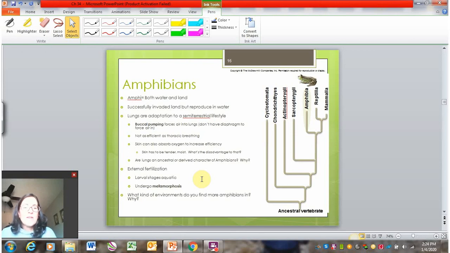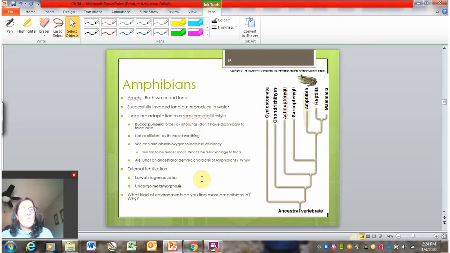So amphibians are organisms that exist in both water and land, adapted to do both things. They have successfully invaded land, but they have strong ties to water, and one of their strongest ties to water is reproduction. They have some other ways that they're not super well adapted to land, but in particular, reproduction is something they have to go back to the water for.